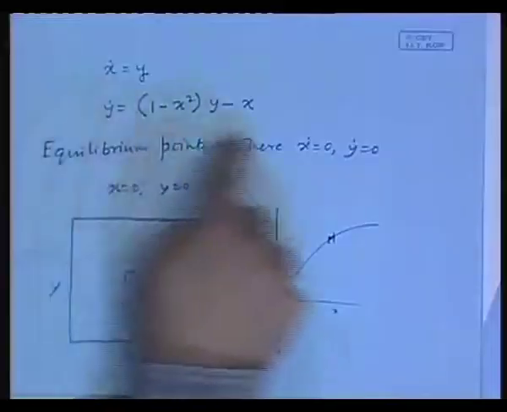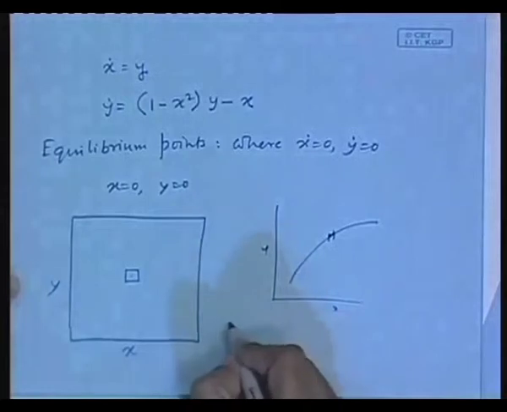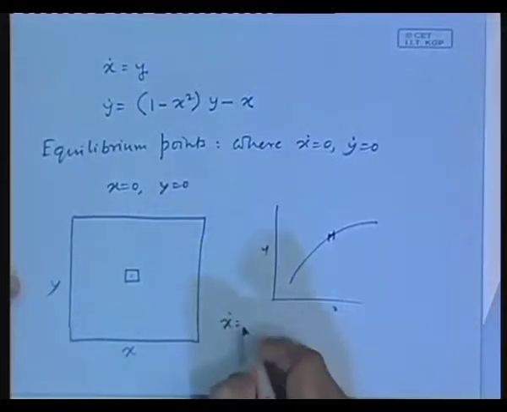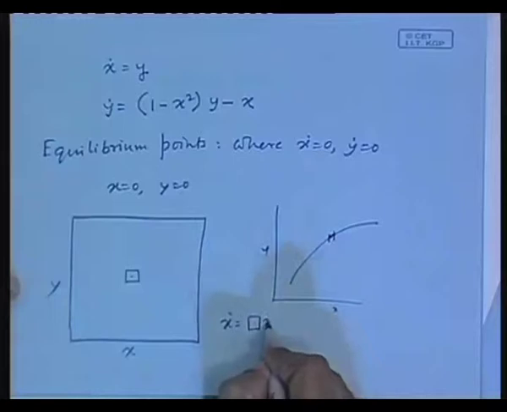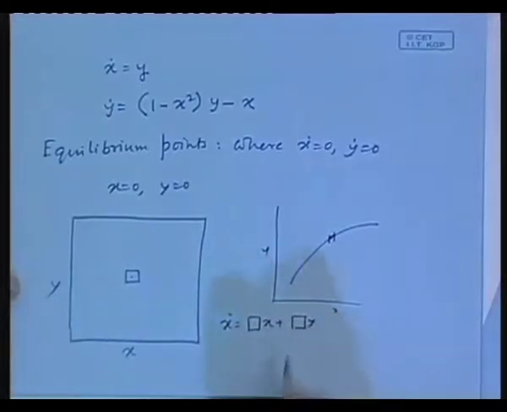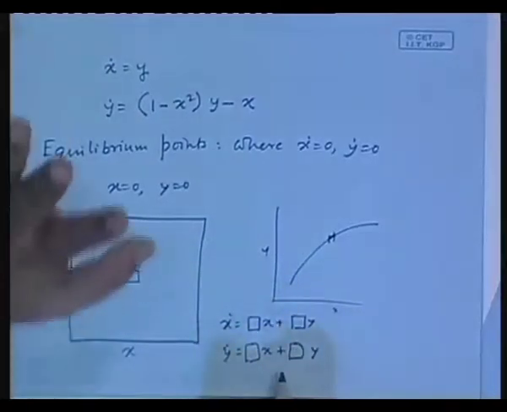When you are zooming into a two-dimensional system and trying to understand the location, you still have a 2D equation. You should still have something like this: x dot is equal to something x plus something y, y dot is equal to again something x plus again something y, then it becomes a linear equation.